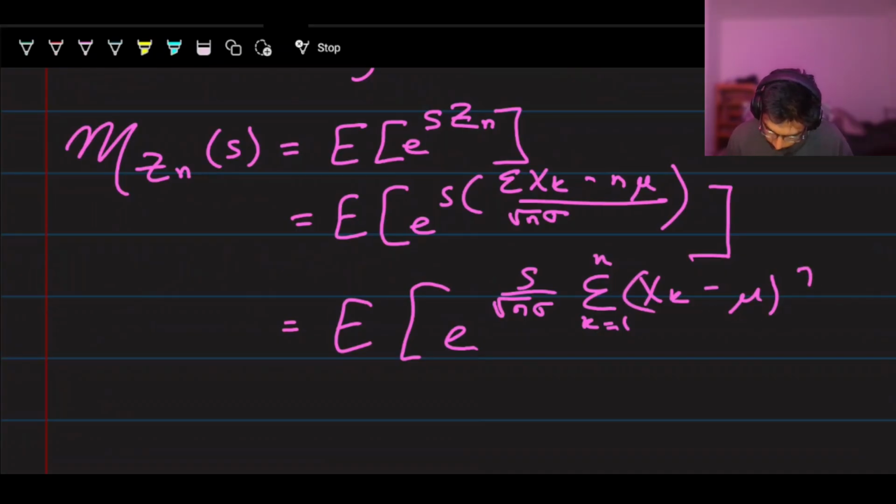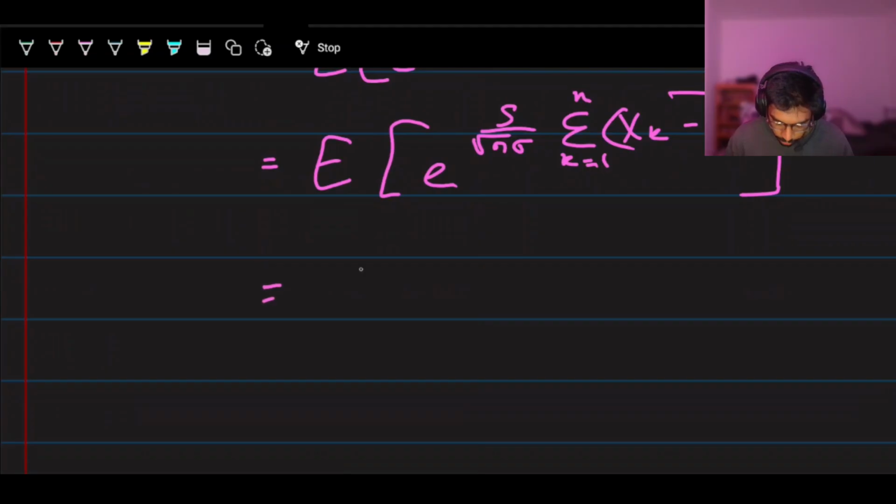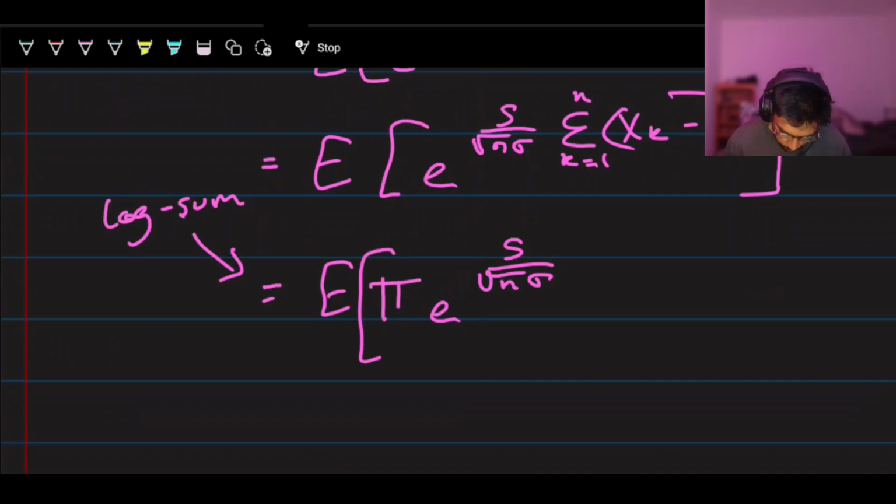This is a much cleaner form of our exponent, but we can notice that instead of summing in the exponent, we can take the product of the exponentials, which is closely related to the log sum trick. That's e to the s over root n sigma, but the product from k equals 1 to n of xk minus mu.